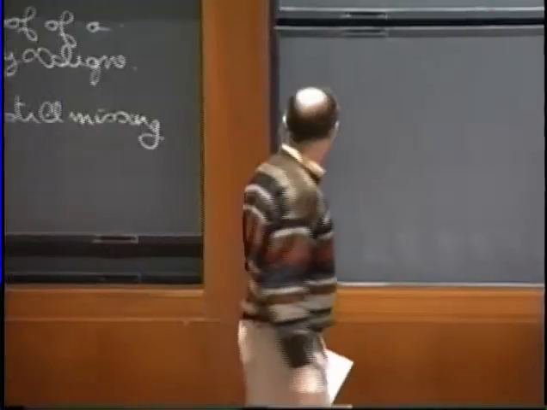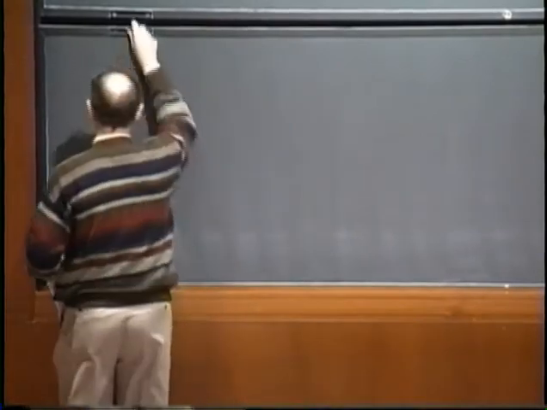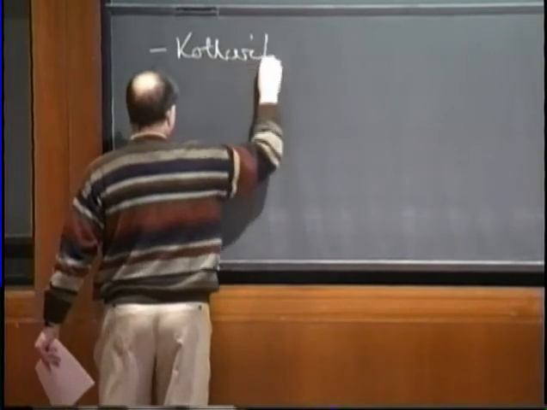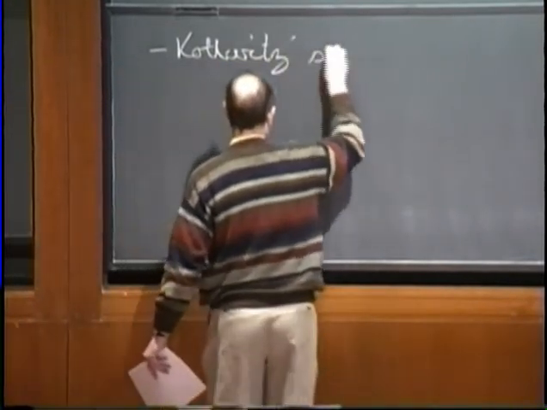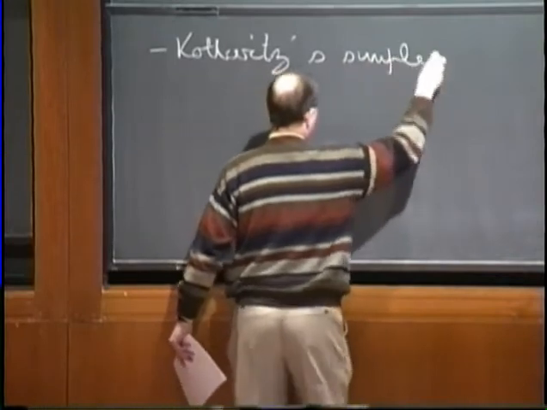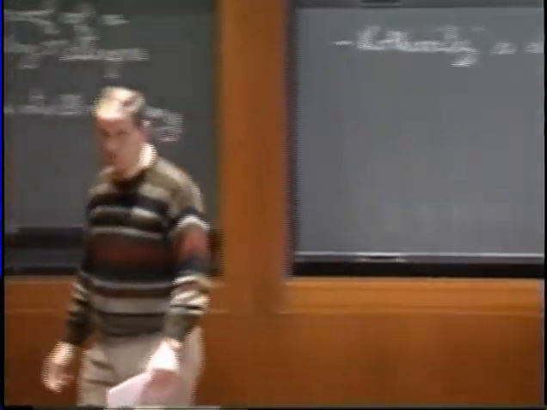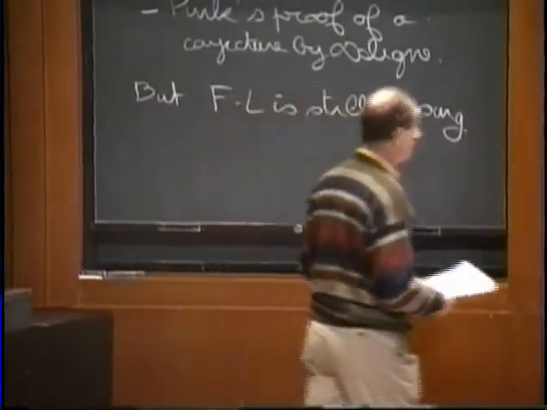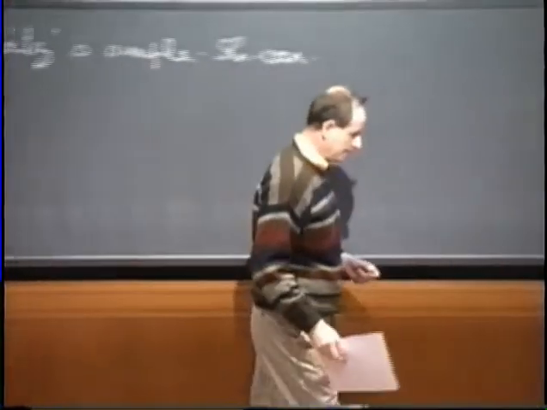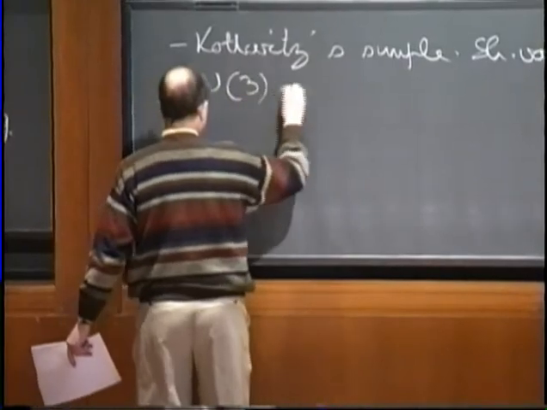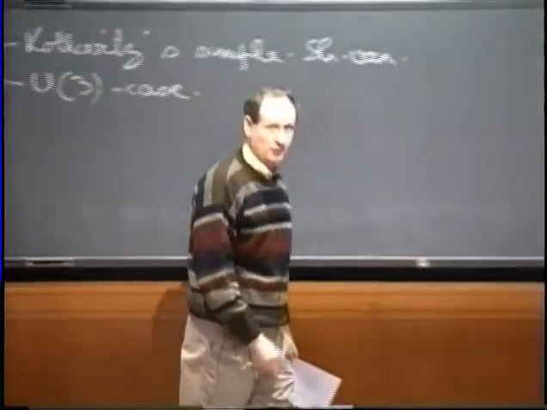Some cases have already been treated, usually rank 2 cases. But the first one is more general. I would like to mention Kottwitz's simple Shimura varieties, which are associated to involutions of the second kind on a division algebra over a CM field, and also the U3 case, which was done in Montreal, the famous volume.